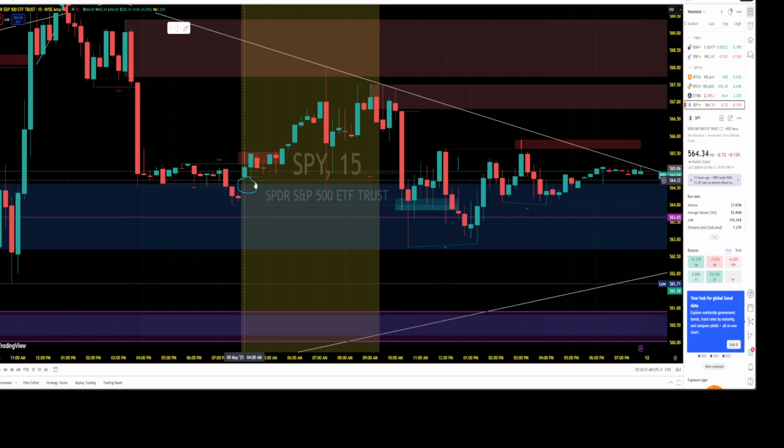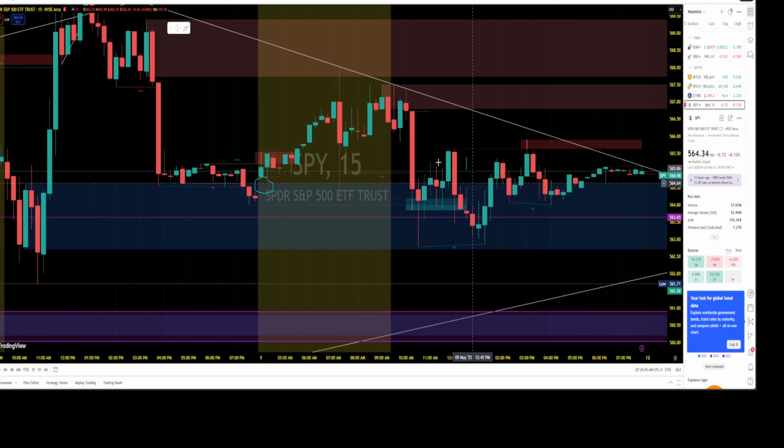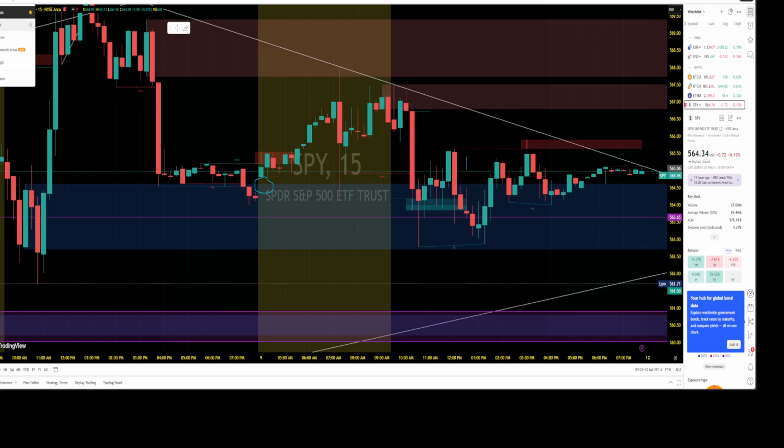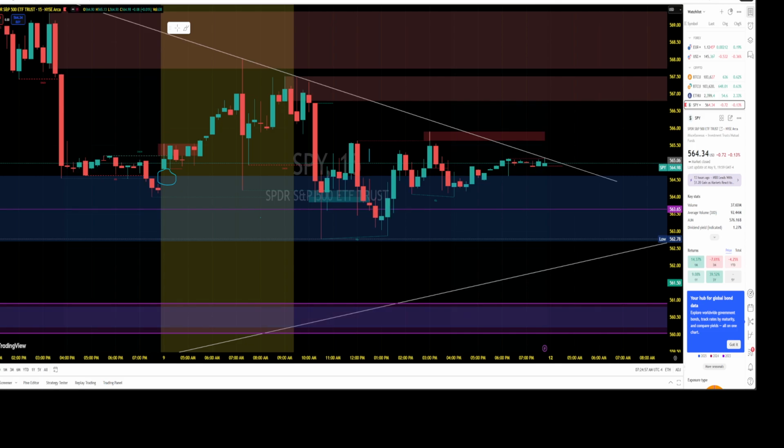So look at these levels right here. This week's low was 564.70, and then this was 564.38. So the entire day, if you look at this 15-minute, this is the frustrating part for any trader. If they wanted to trade some movement, there was no movement in the market after that.